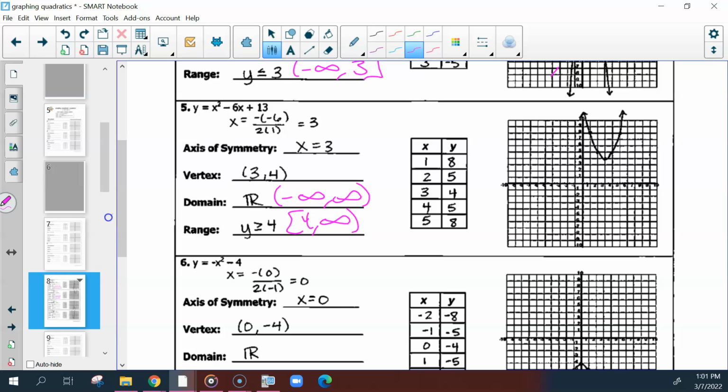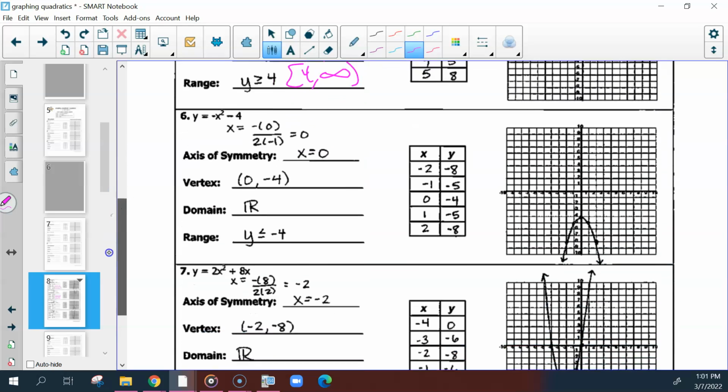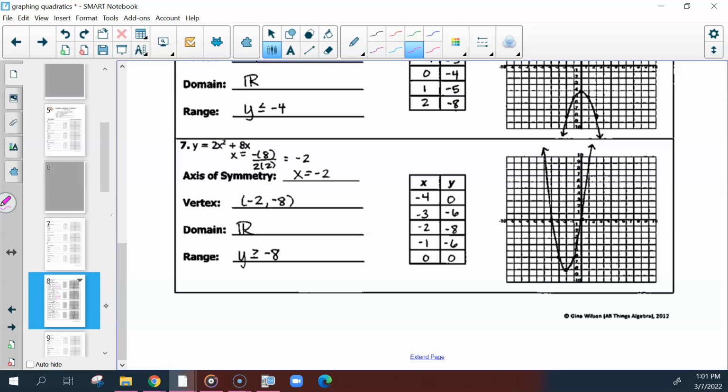Questions on number 5? We did 6 together, so we need to skip that one.